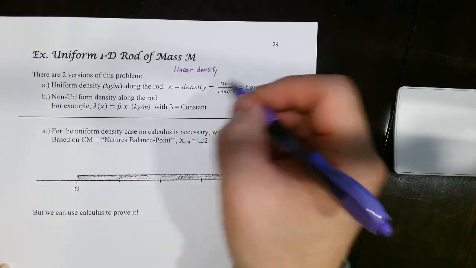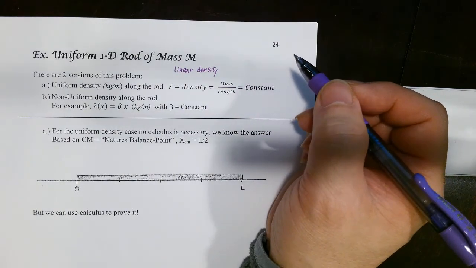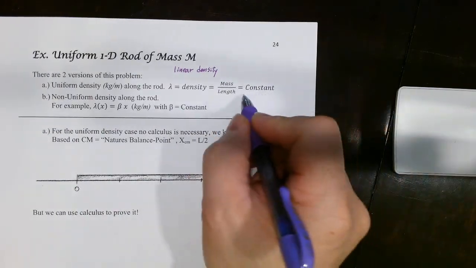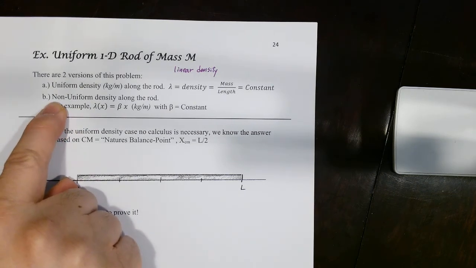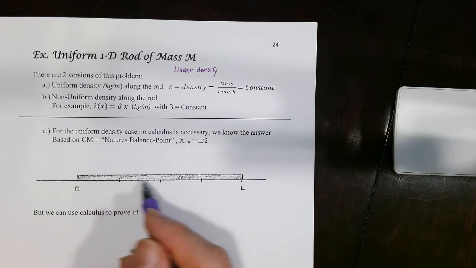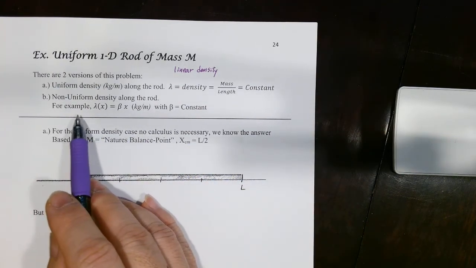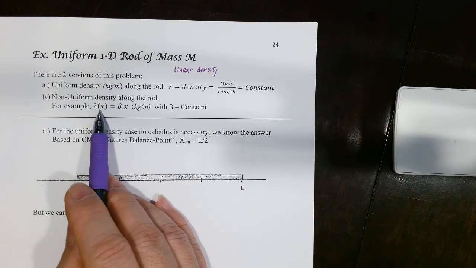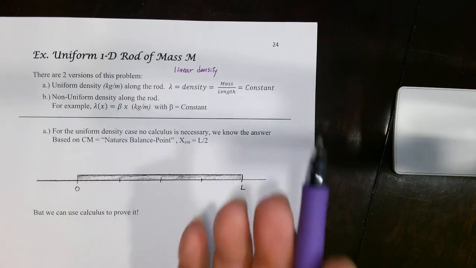Area density is sigma, and volume density is rho. Linear density is mass divided by length, and it should be constant because it's uniform. Now there's a non-uniform density, where you could have different materials fused together with different densities. Then lambda of x, depending on the location, is like beta x, where beta is some constant that we know.